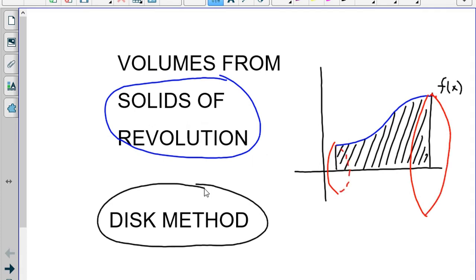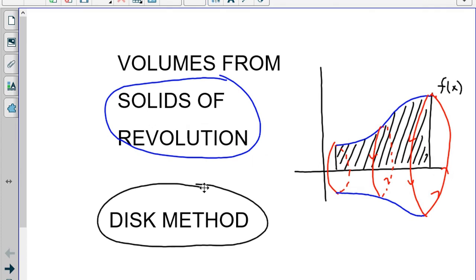There will be a resulting volume that goes along with it. It should look something like a vase when we're all done. And obviously, this is not the greatest drawing in the world, but you kind of get the idea. You take this curve, you sweep it around 360 degrees. It does not really matter whether you go counterclockwise or clockwise because you'll end up with the same resulting figure.